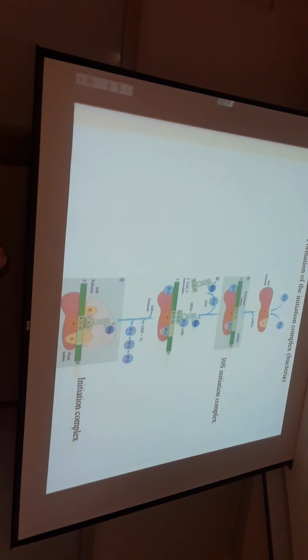Okay, so we need a number of factors. Actually, we need initiation factors, we need elongation factors, we need release factors, proteins that play a role in polypeptide synthesis or protein synthesis. And then we'll see, and we see this already here, that these processes, these individual steps, I should say, also require quite a bit of energy.